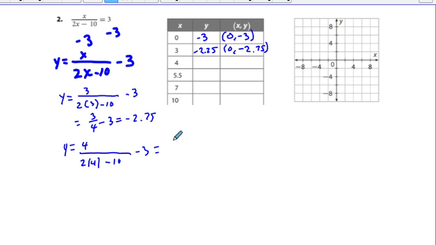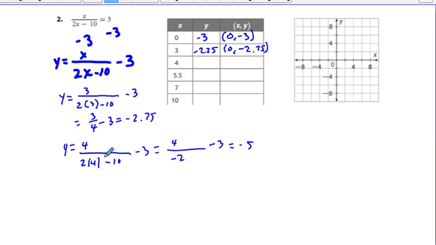So we get 4 over 8 minus 10, which is going to be negative 2 minus 3. So 4 minus negative 2, that's negative 2 minus 3 is going to be negative 5. That somehow doesn't look right, does it? Because we put 8.